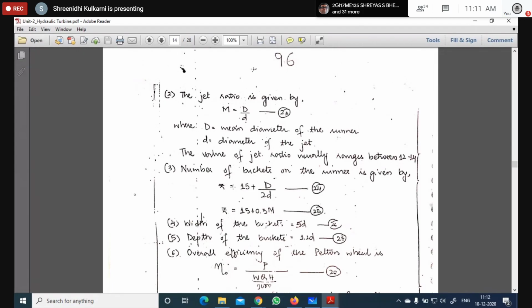Where D by d we can write as M. So further we can write Z is equal to 15 plus 0.5 into capital M. What is M? M is the jet ratio.